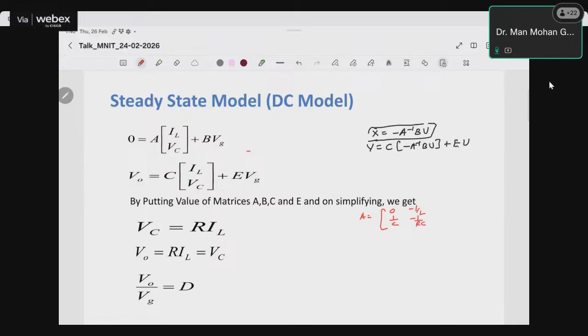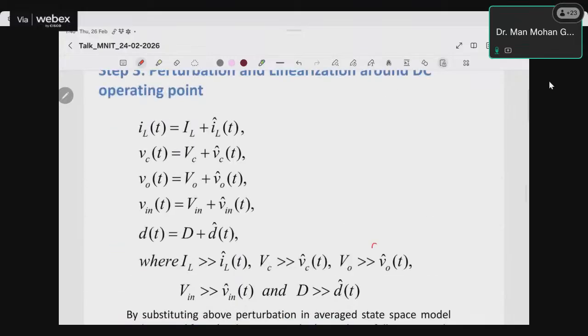A is with us. So our B is D by L, 0, right? And C is 0, 1 and E is 0. These we have obtained here.